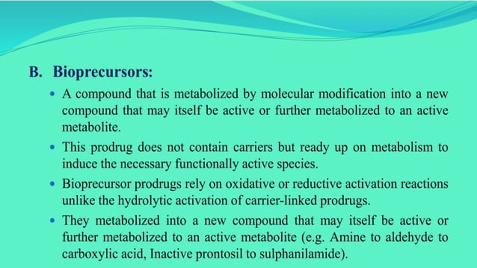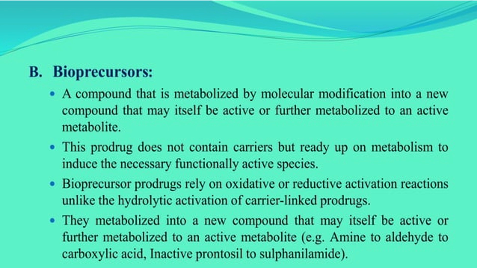Now we all know phase 1 and phase 2 reactions. Phase 1 reactions of our metabolism are generally oxidative and reductive activation species, unlike hydrolytic activation of the carrier linked prodrug. They are metabolized into a new compound that may itself be active or further metabolized to an active metabolite.